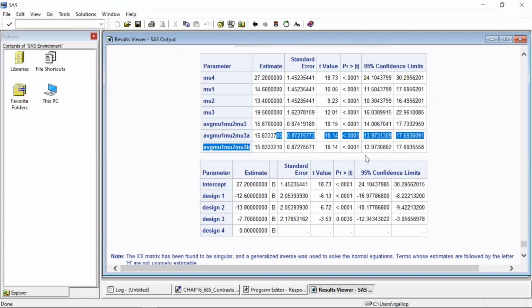And if it throws it one way, you may be inflating your chance of making a type 1 error, of rejecting a correct null. And we don't want to do this. The hypothesis says treat each with the same weight, and we should do that. Now, how are we going to do that?